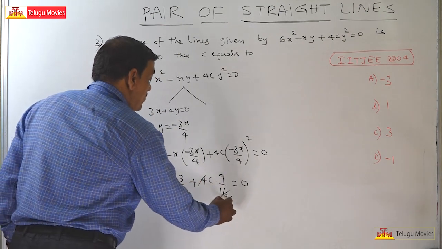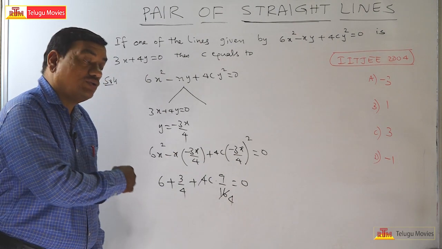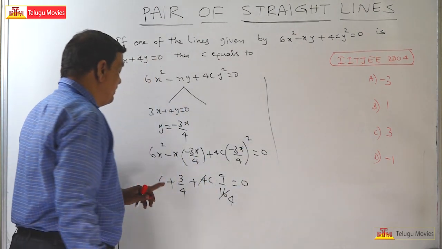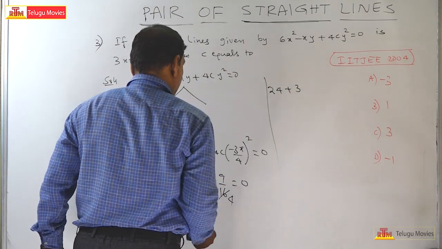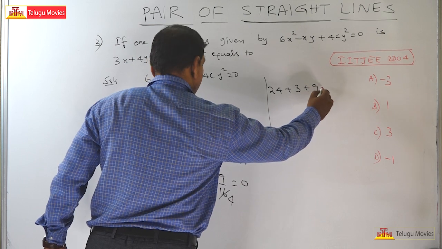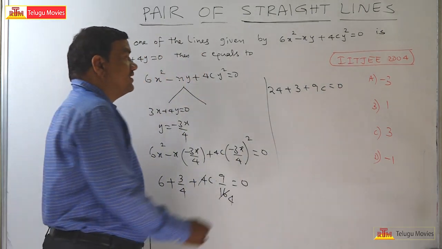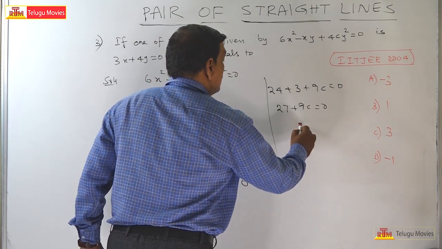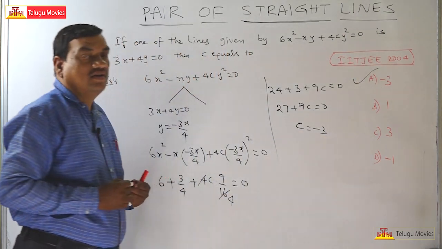So you can cancel the 4s. Multiply with 4, you get 6 fours are 24 plus 3 plus 9c is equal to 0. So this is 24 plus 3, 27 plus 9c is equal to 0. Therefore, c is equal to minus 3. Minus 3 is your answer.